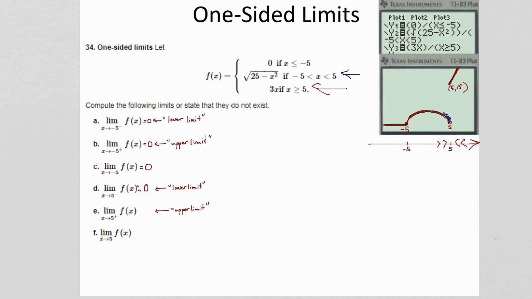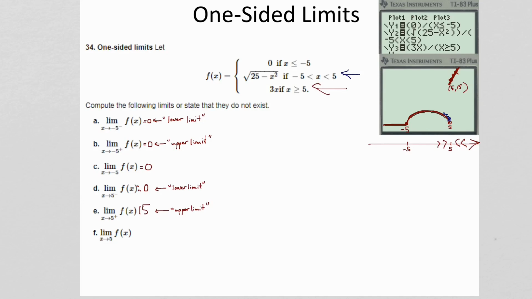All of those values for x larger than 5 are mapped on this line. And so as x gets close to 5 but strictly larger than 5, those values will get as close to 15 as we want. So the limit as x approaches 5 from above is 15.